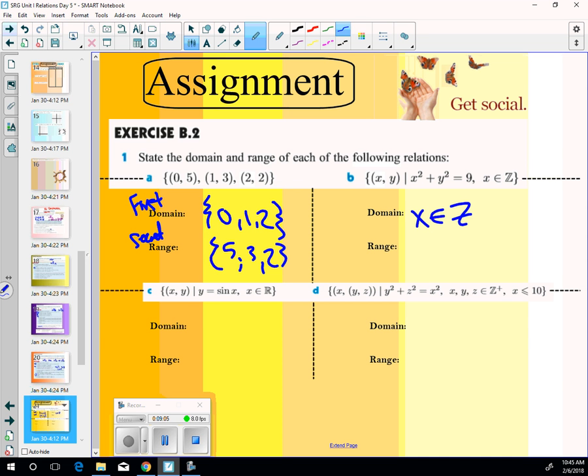What do you think? If x is an element of Z, what values of x are going to work? There's only a few. Yeah. 0 is one. What else?